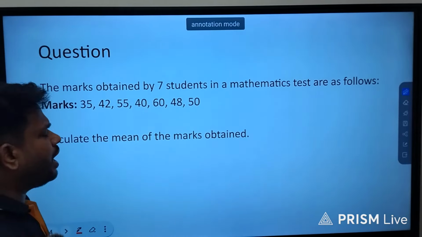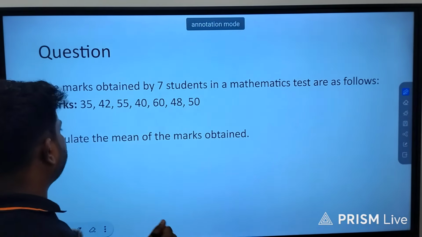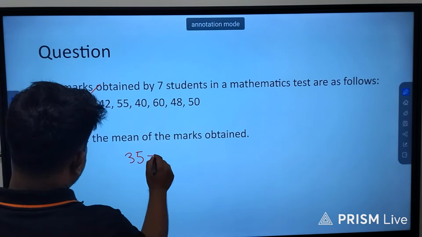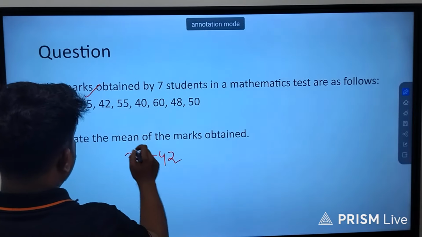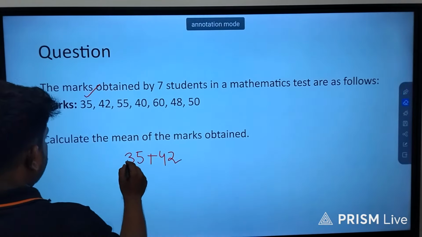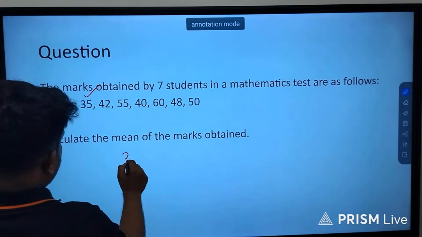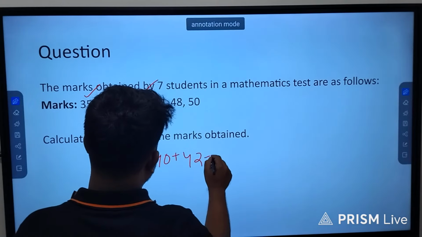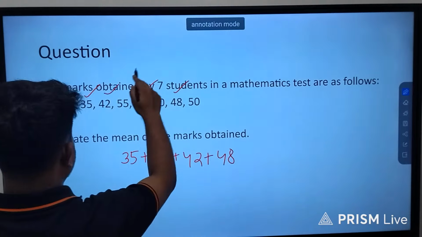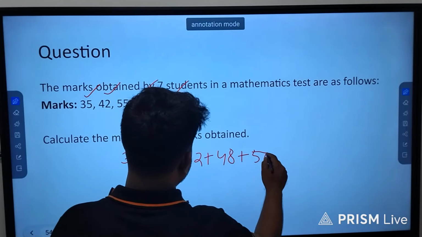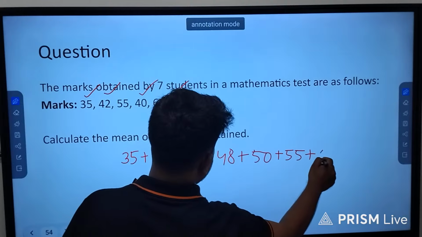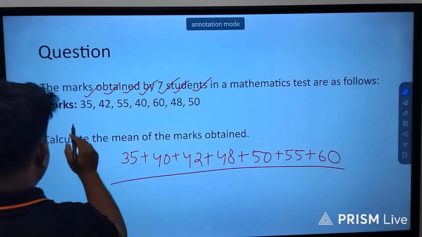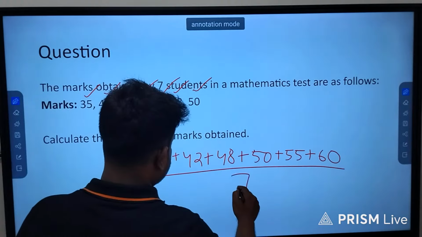For the mean, you don't have to write them in ascending or descending order, but I am writing it here because it may be easier for calculating. 35 will be first, then 40, then 42, then 48, then 50, then 55, then 60. That is 1, 2, 3, 4, 5, 6, 7. So 7 values.